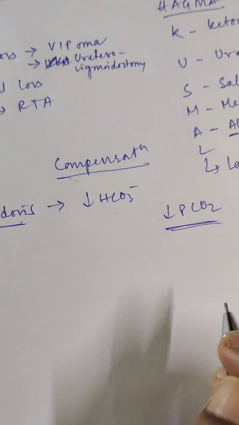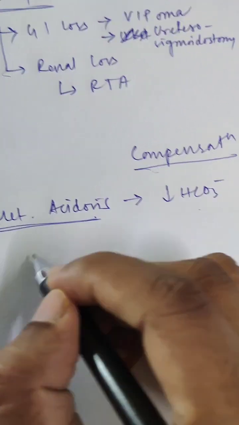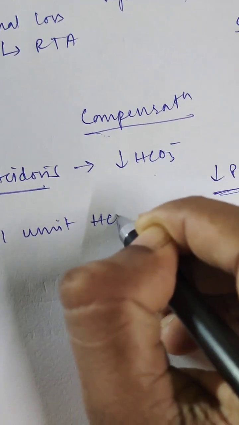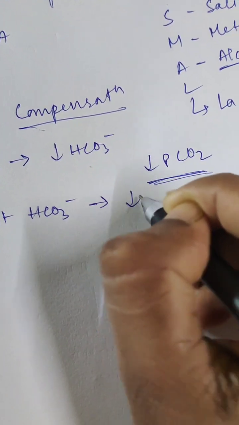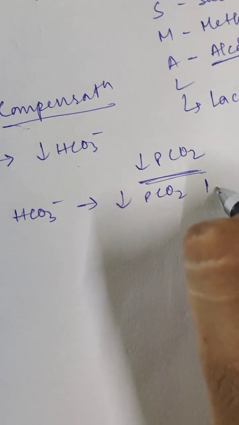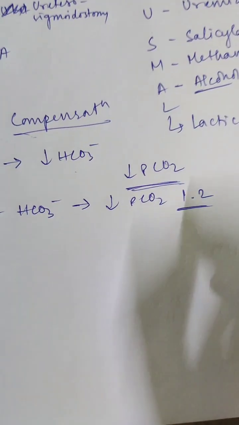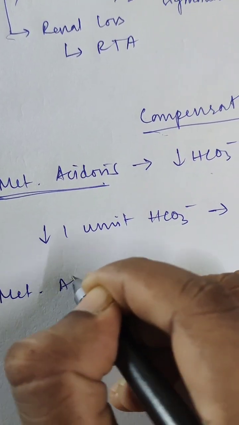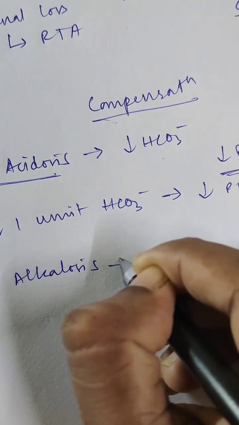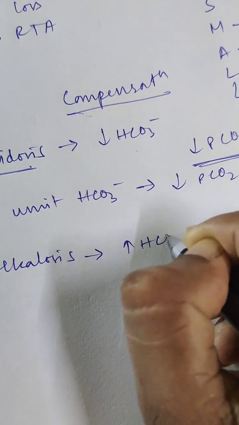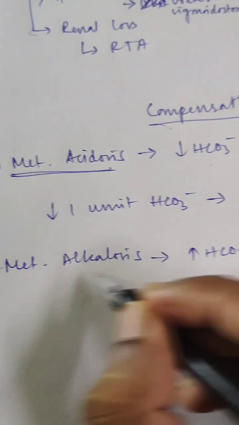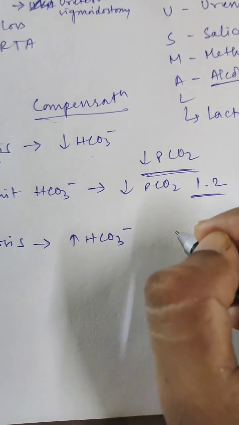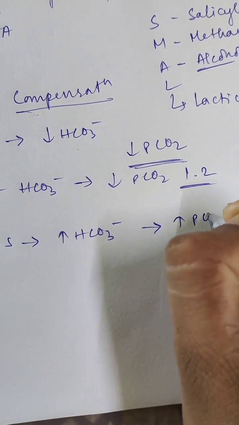So how much will be the compensatory change for every decrease of 1 unit of bicarbonate? The decrease of PCO2 will be 1.2. In case of metabolic alkalosis, the primary problem is increase in bicarbonate, and the compensation will come from the respiratory system only, by increasing PCO2.